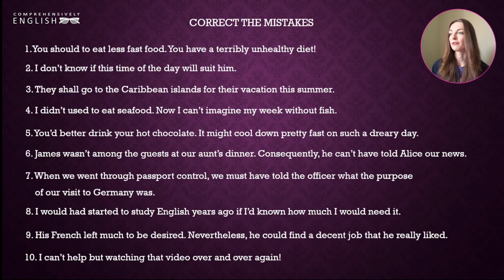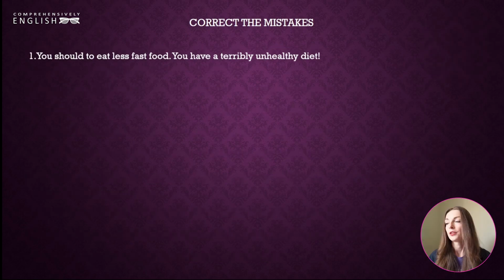Okay, I believe you have written down those sentences. Let's now see what the mistakes in each of them are. The first sentence: you should to eat less fast food. You have a terribly unhealthy diet. Of course, we cannot use to, because as you know, we use all the modal verbs in English with the bare infinitive.